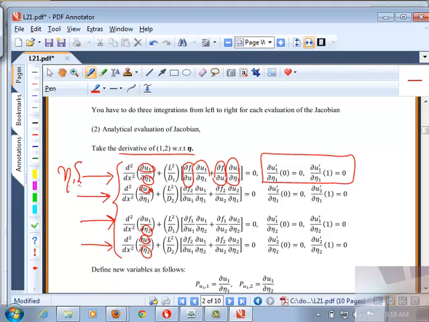That's not a very conceptually difficult thing to understand, but if you're going to implement it in programming, you need to take all these partial derivatives. And you're going to treat all these partial derivatives of u1 with respect to eta 1, u1 with respect to eta 2 as unknowns. So all these are going to be treated as unknowns.